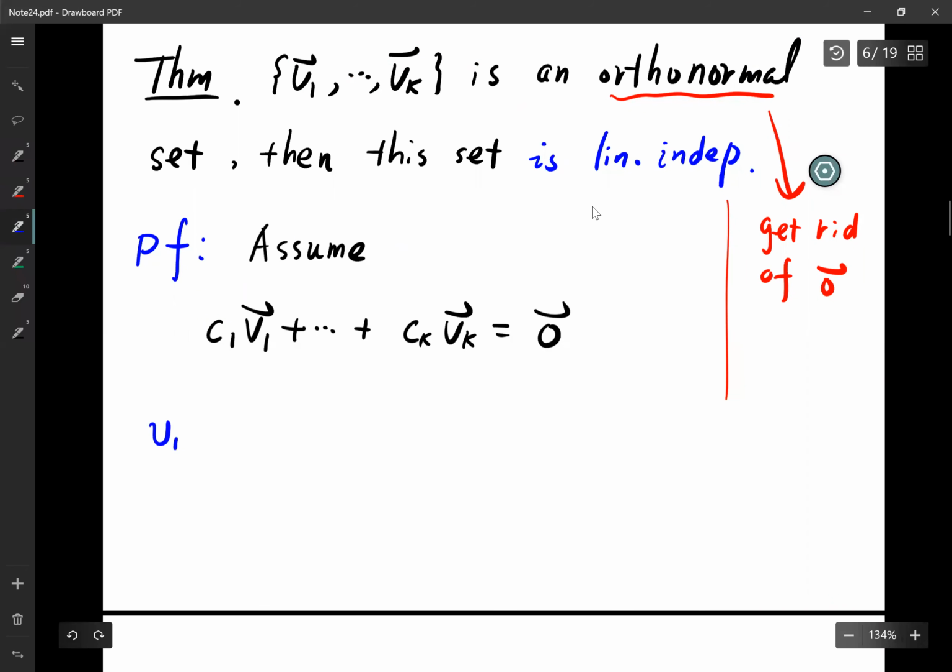I pick an arbitrary i, do a dot product with vi, and copy this down; the right hand side is vi dot 0, which is 0.